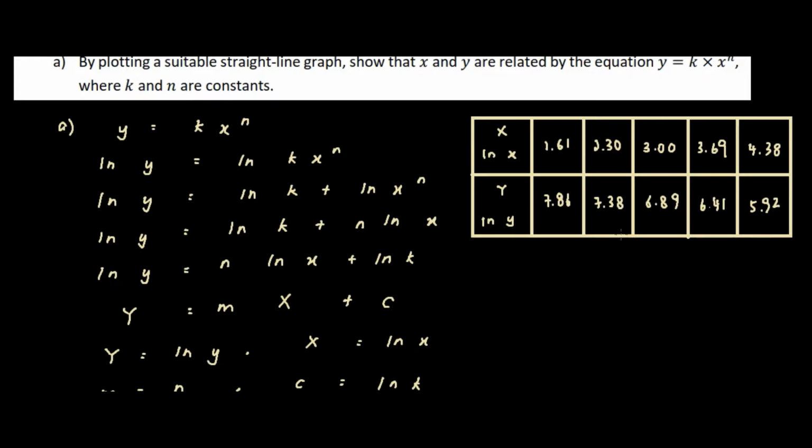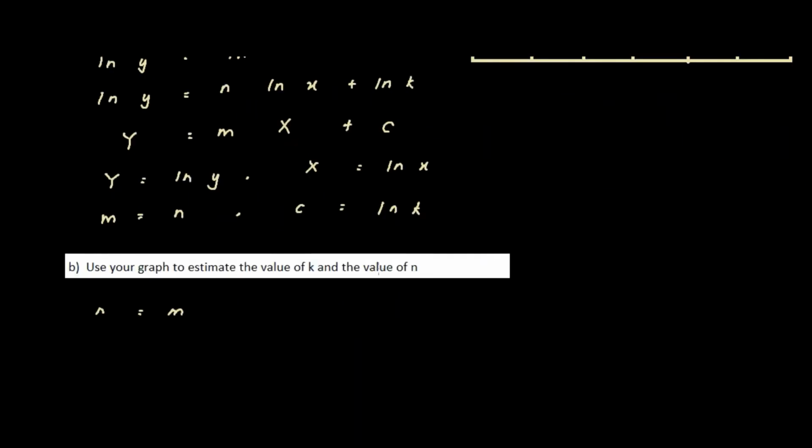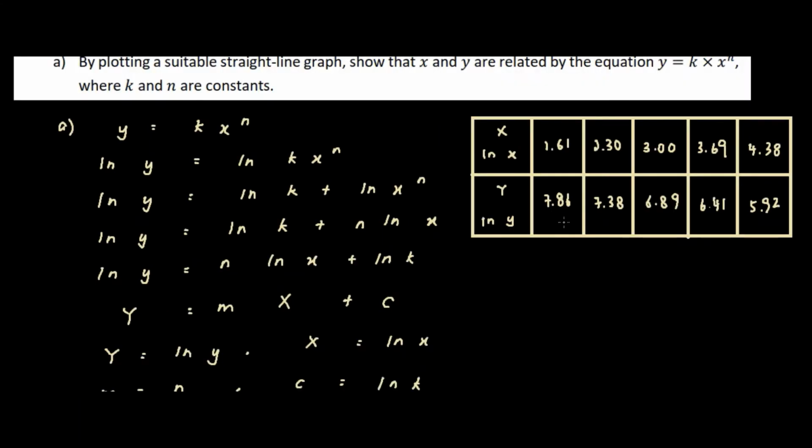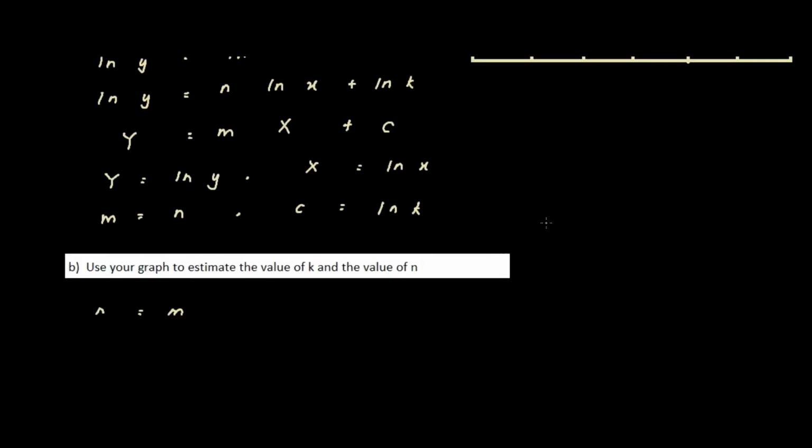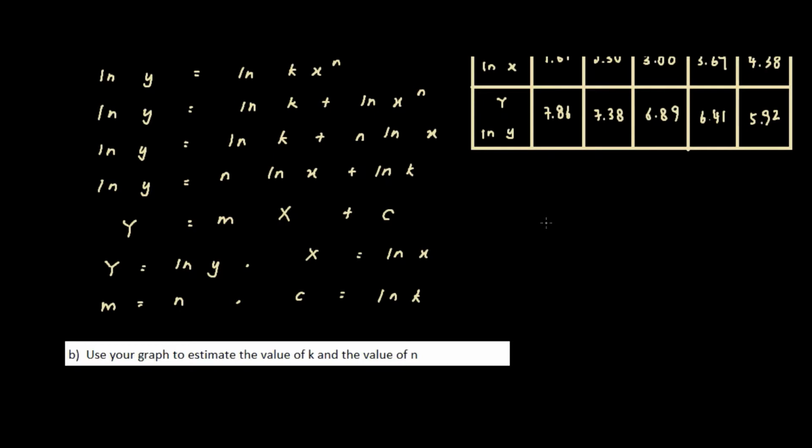All the lines actually pass through all the points that we have plotted. So you can take any 2 points, because when you look at this question, it says estimate. You cannot get a very exact, accurate answer, but what we try to do here is estimate. You can get any points given here, then use the formula y2 minus y1 over x2 minus x1. Let's pick 2 points here.